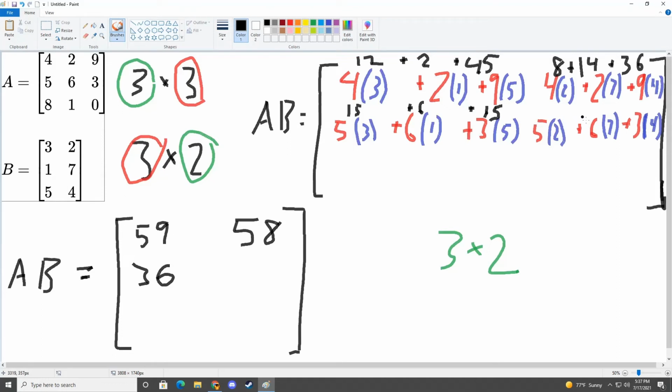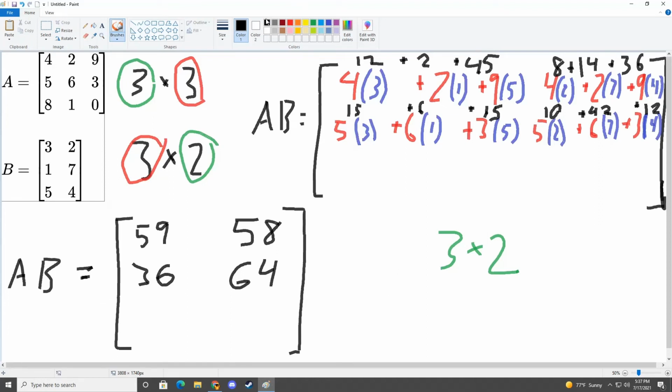Next, 5 times 2, that's 10. And that's going to be plus 7 times 6, that's 42. And plus 3 times 4, that's 12. So 10 plus 12, that's 22. 22 plus 42, that's 64. Alright, there's our second row.